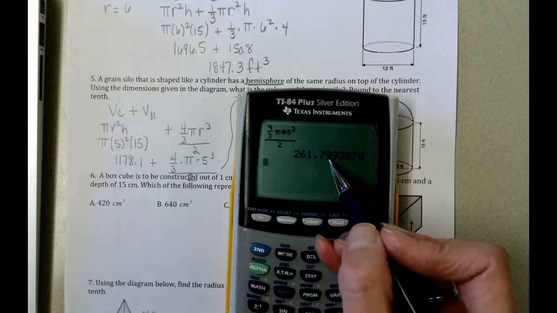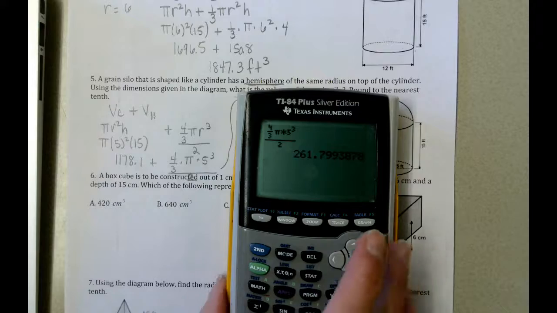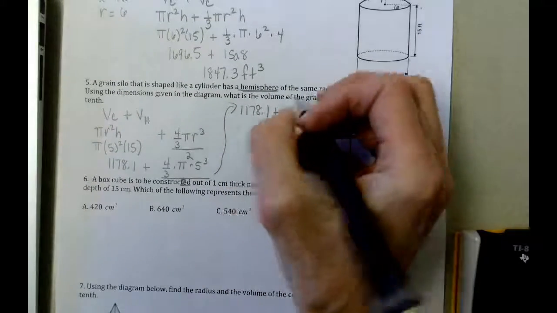Well, again, we see this 9, which is going to cause us to round that 7 to an 8. It's going to be 261.8.